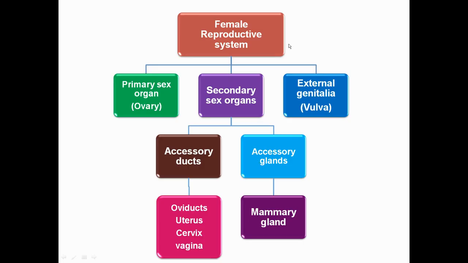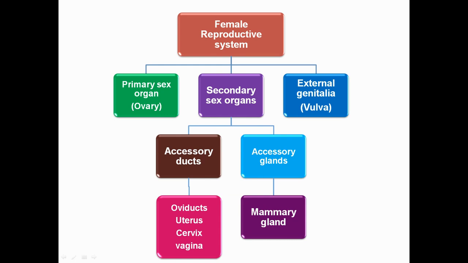Female reproductive system comprises three parts: first is the primary sex organ, second the secondary sex organ, and third the external genitalia. Primary sex organ comprises the ovary. Secondary sex organs constitute ducts and glands.